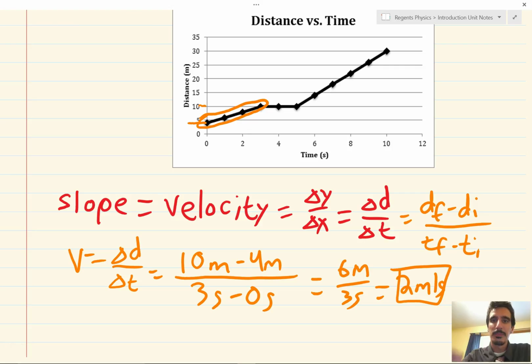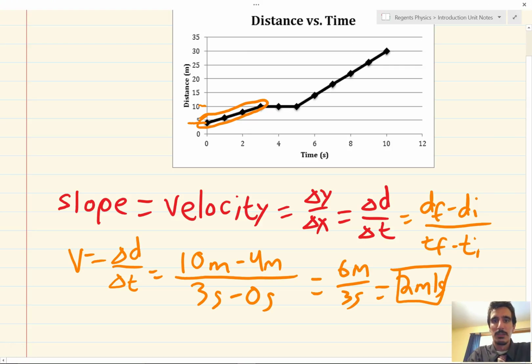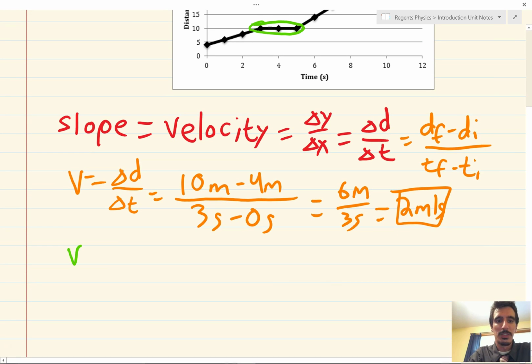Alright. Let's look at the next interval. So now it's from 3 seconds over to 5 seconds. Okay, same formula. Velocity, change in distance over change in time.